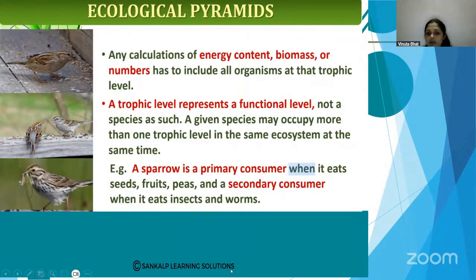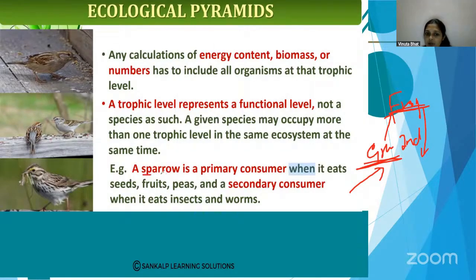So you know that a food web. A grasshopper that is a herbivore occupies the second position, and a frog is at the third position. This frog may come in the second trophic level in another food chain also. So that depends.